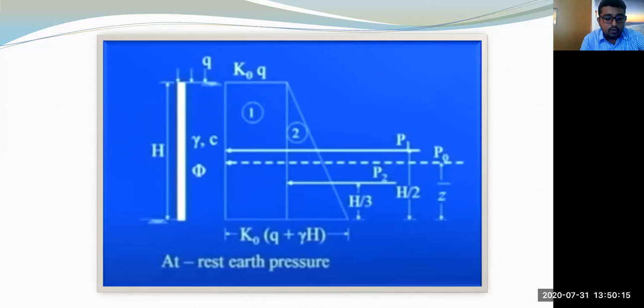Now we must find the resultant of P1 and P2 in magnitude as well as its line of action. Let us say the dotted line is the resultant of P1 and P2, P naught, acting at a distance of Z bar from the bottom of the wall.